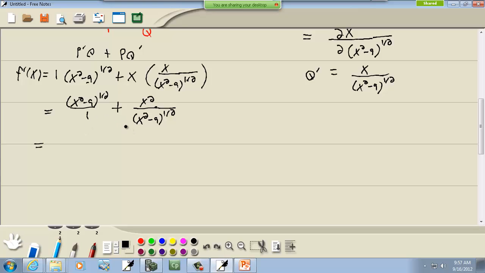We need to get a common denominator, which, since this is 1, the other denominator is our common denominator. So I'm going to have x squared minus 9 to the 1/2. This one already has that denominator, so we leave it alone. Here we multiply the bottom part by x squared minus 9 to the 1/2, so we have to multiply the top part by x squared minus 9 to the 1/2.